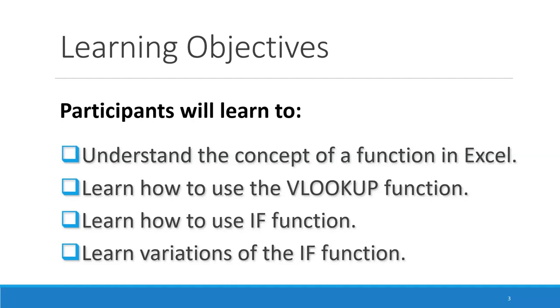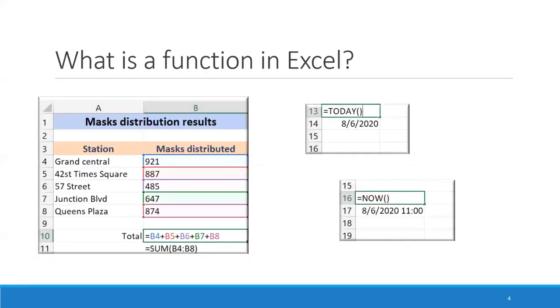So understanding the concept of a function in Excel. Just so everybody's clear with what a function is or what a function does in Excel. I always describe it as a built-in formula that basically saves your time. We have all used the SUM function, of course.